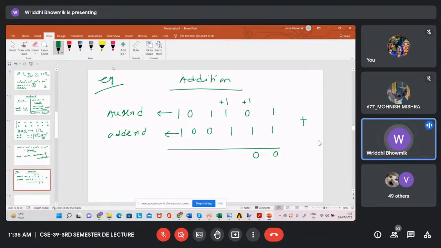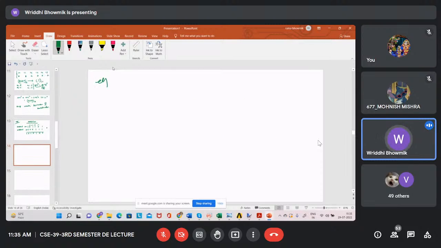When you add these 3 ones, the sum will be 1 and a carry. Then again you have 1 1, so you will have 0, and then again you have a carry. Then again you have 1 1, so you have 0 and 1 carry. So this is the sum, binary addition. Okay, now we will talk about the subtraction.